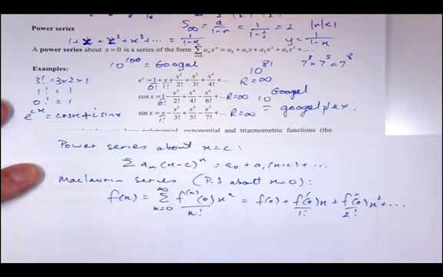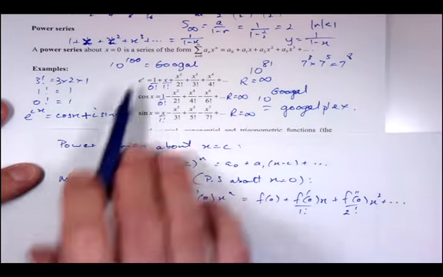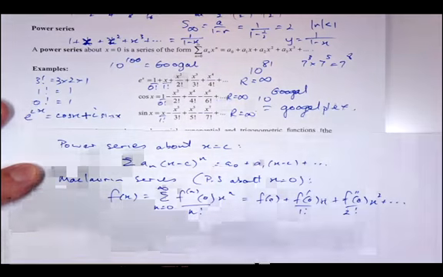Now, as an exercise, try that for e to the x, for cos x and for sin x, and see if you can get those power series out of that formula. So that's an exercise for you to try.